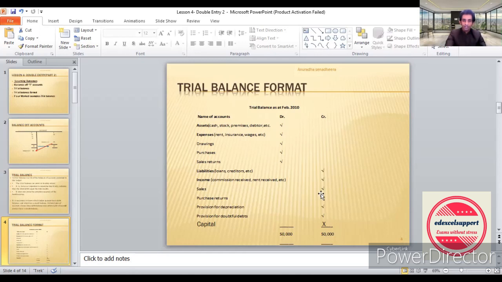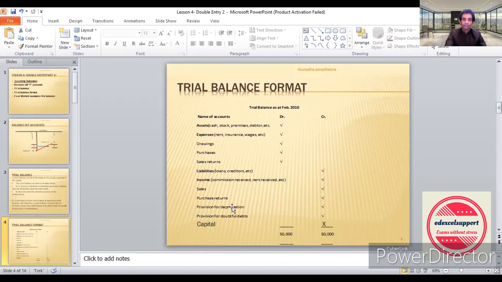Then sales is credit since it is an income. Purchase return, another term is return outwards. Purchase is debit, so purchase return is credit because it reduces the expenses.